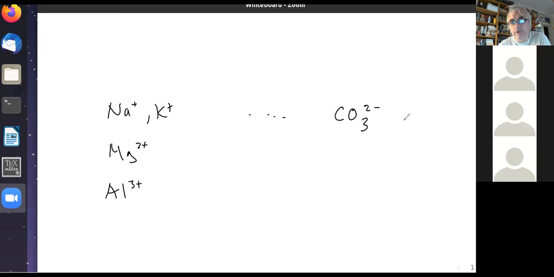For example, carbonates or hydrogen carbonates. These are very common ions in natural waters and in soil. And these ions are less acidic than these ions are basic.